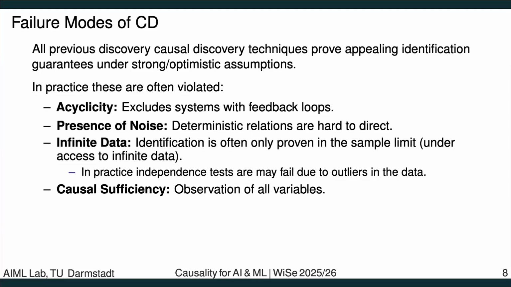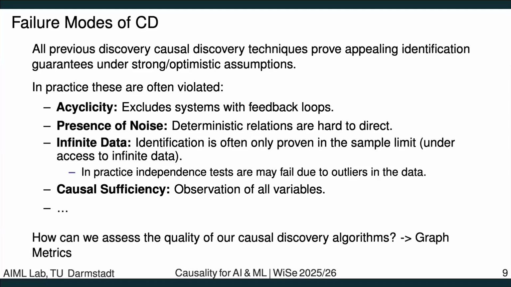And of course, sometimes we just can't observe some of the variables. Then we saw an algorithm, namely FCI, which can deal with that. But still, due to all of these assumptions and whether they hold or not, we might get a causal graph which is maybe not fully correct in the end.